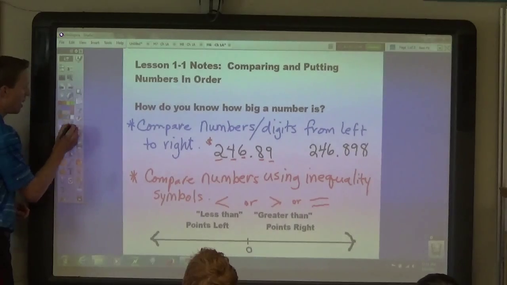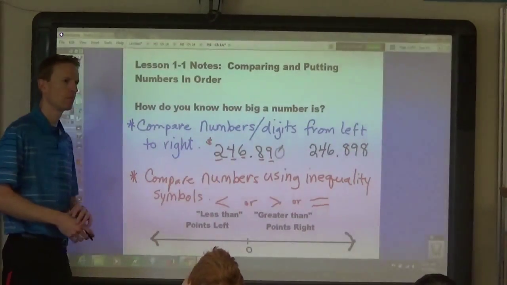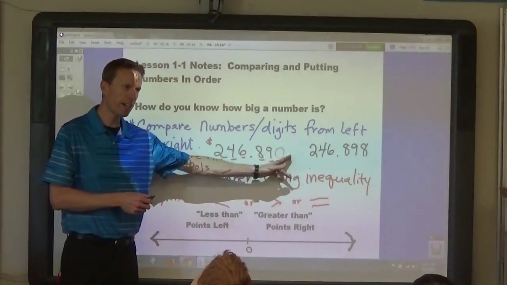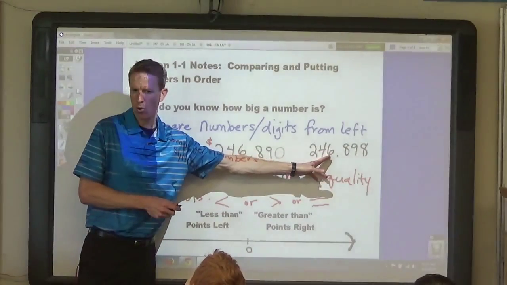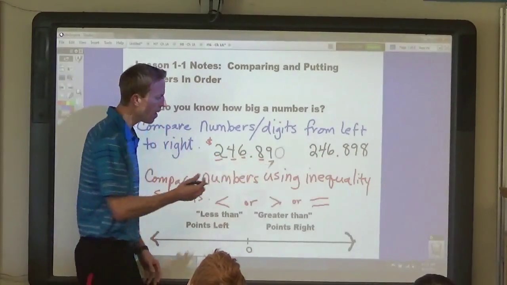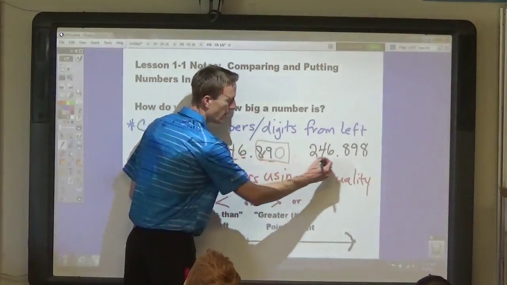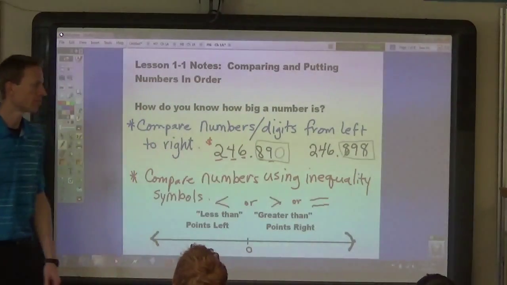What if we put a 0 right here? The reason I can do that is because to the right of the decimal point, zeros at the end simply hold the place. And that way, we have 3 places and 3 places to compare.